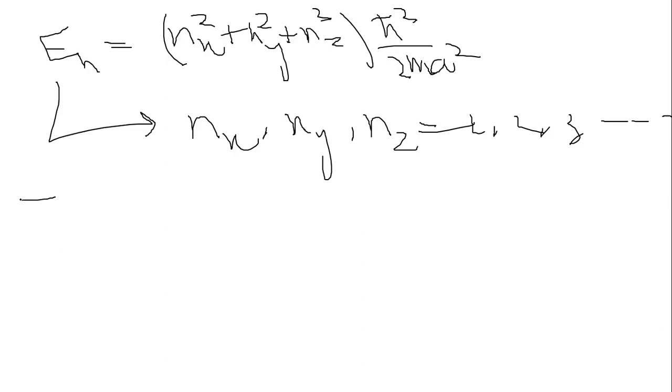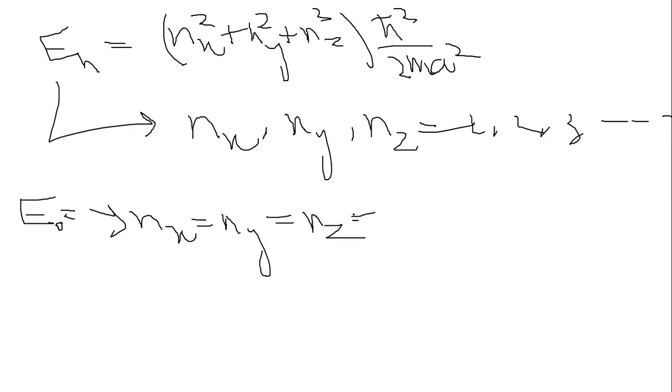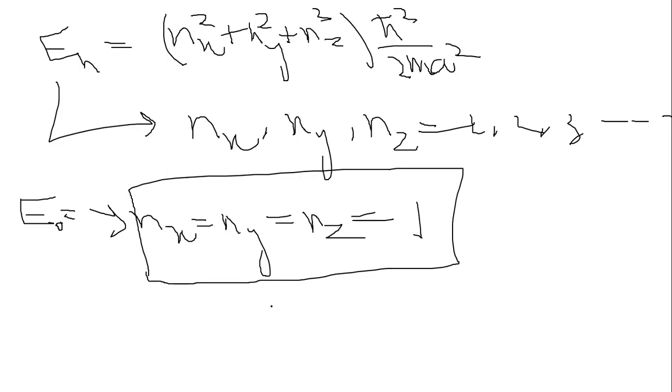So for the ground state, or the 0 point energy state, which we can write as E0 or E1, nx, ny, and nz will all be 1, because only then the wave function will not be 0 and the energy will be minimum.